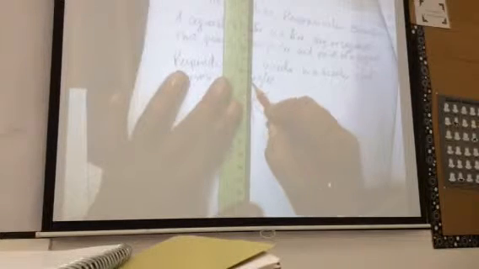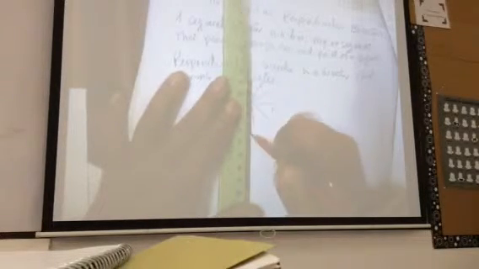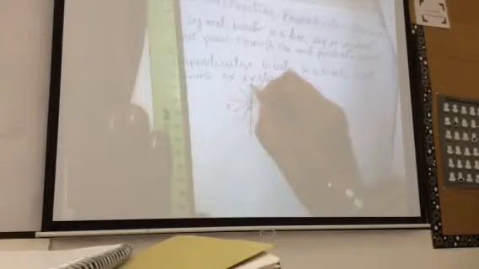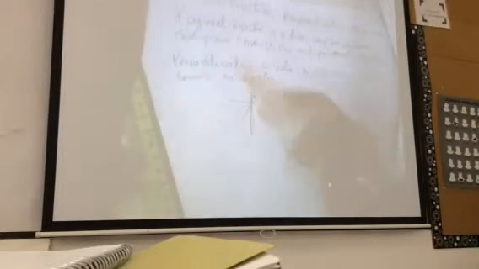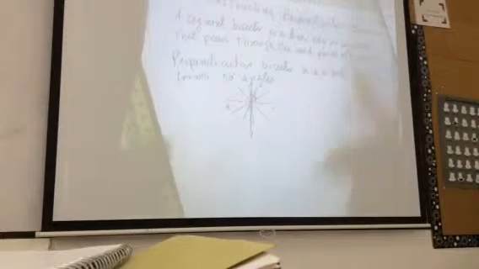But only one is going to be the perpendicular bisector. This is the perpendicular because it makes 90 degrees. It is the only perpendicular bisector that I have. All right, so we're going to learn how to trace that.